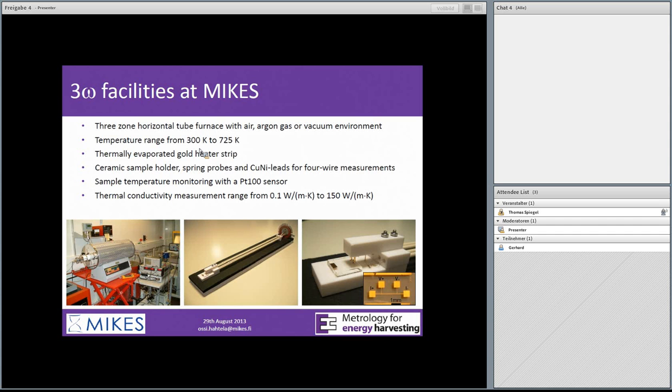We are trying to increase the higher temperature part here, but it requires a slightly different kind of materials to be used. And for thermal conductivity values, the measurement range at the moment is from 0.1 watt per meter Kelvin up to silicon value, which is about 150 watt per meter Kelvin.